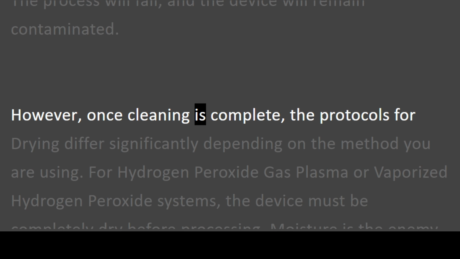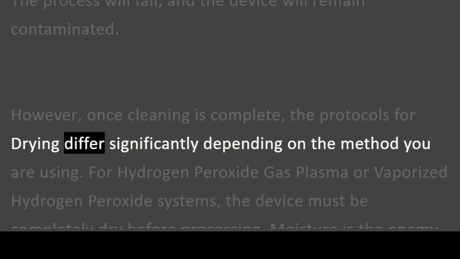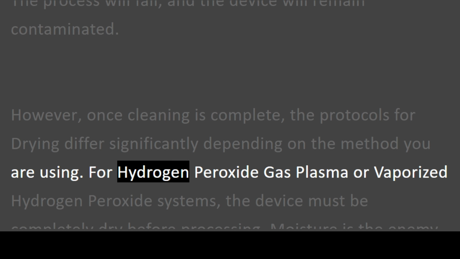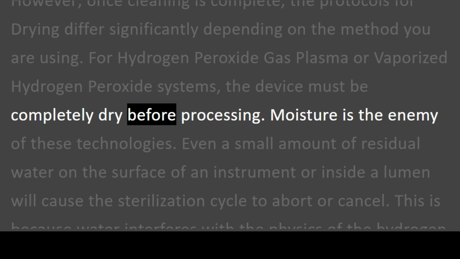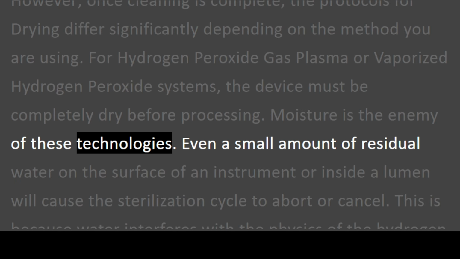However, once cleaning is complete, the protocols for drying differ significantly depending on the method you are using. For hydrogen peroxide gas plasma or vaporized hydrogen peroxide systems, the device must be completely dry before processing. Moisture is the enemy of these technologies.